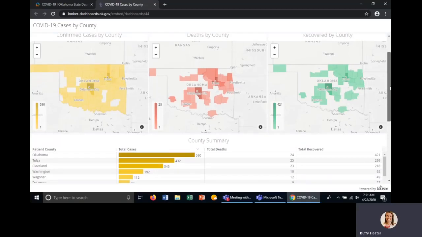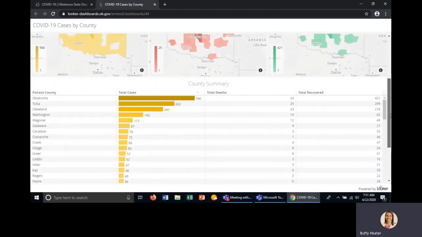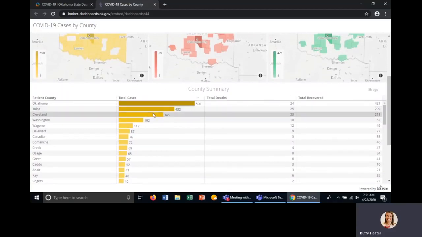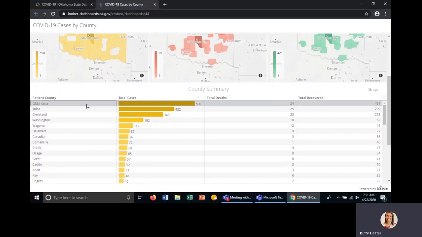As we scroll down and look at the lists of cases by county or deaths or numbers of recovered by county, you'll see here that the list defaults to the counties with the largest proportion of cases. So for example, Oklahoma County is highlighted as the first row.